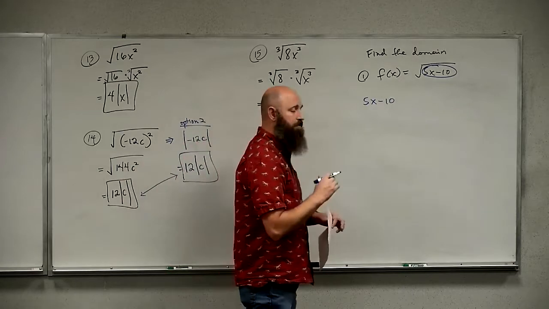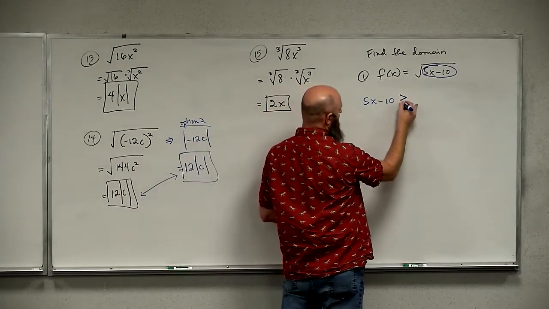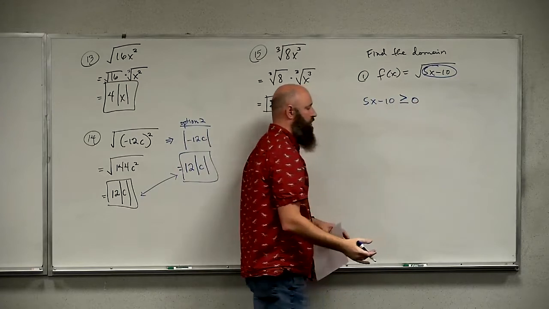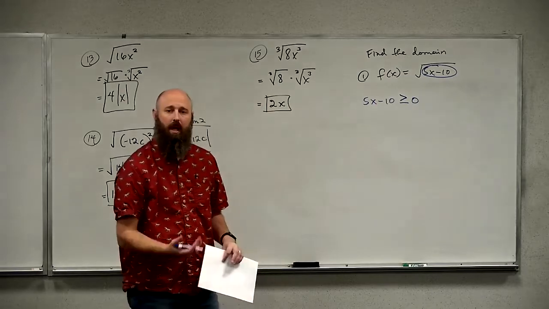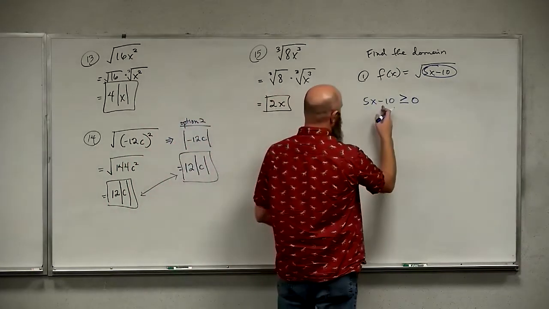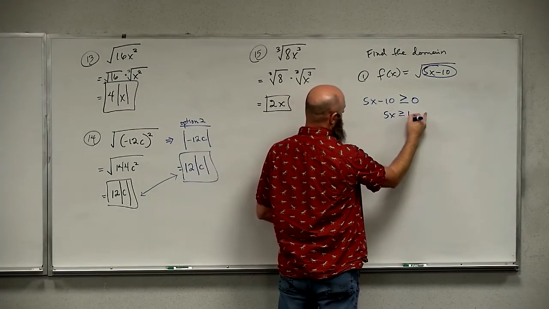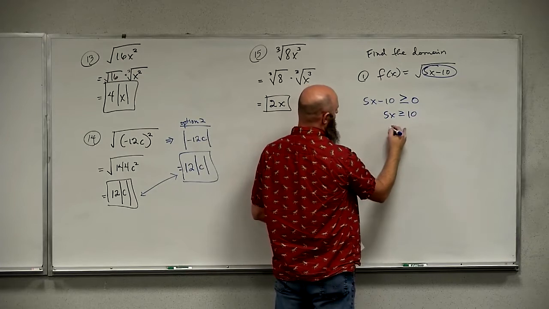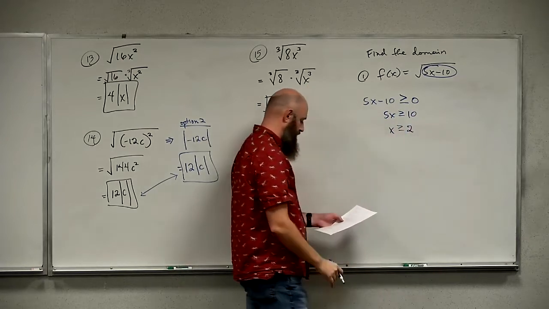So as long as it is positive or 0, we're good, which means that we want it to be greater than or equal to 0. Greater than 0 is positive, equal to 0 is 0. And then we solve for our x here. So we solve the same way. We're going to add the 10 over. So 5x is greater than or equal to 10. And then we divide by 5. So x is greater than or equal to 2.